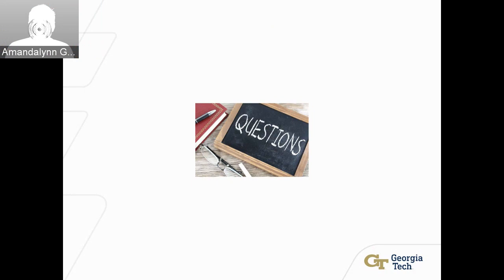I have one here that seems to be pretty popular. If another school gives you credit for an AP class for a grade of 3, but Georgia Tech requires a higher score, will that course still transfer? Yes, and I think I answered one of those in the question box. I think there's a couple of them out there.